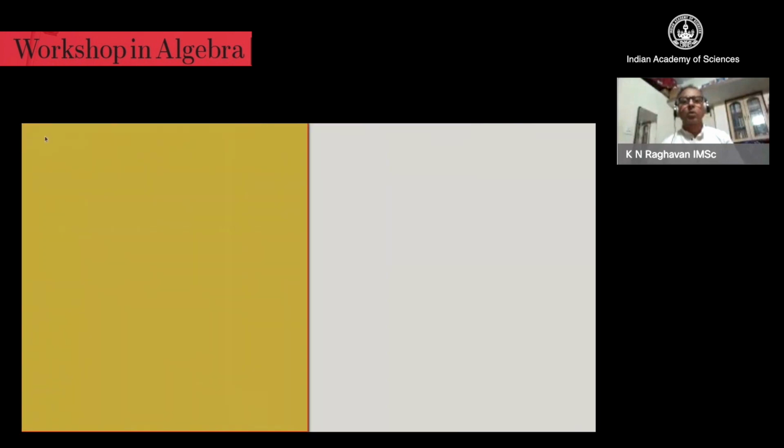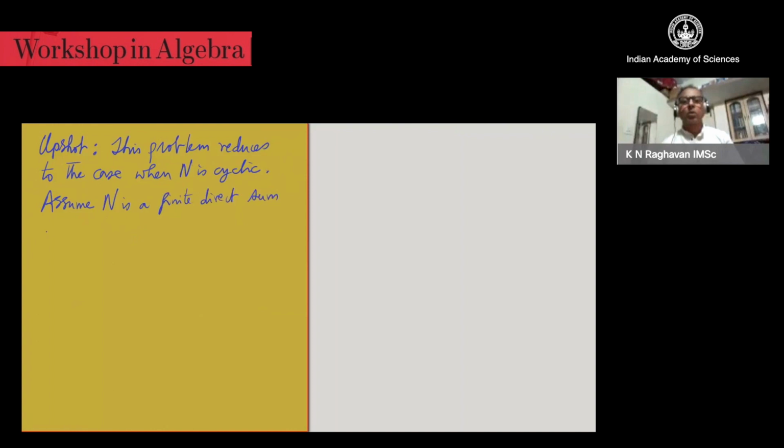So the upshot is that this problem reduces to the case when N is cyclic, because you can assume by the structure theorem that N is a finite direct sum of finite cyclic groups.